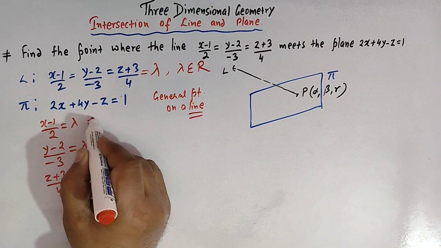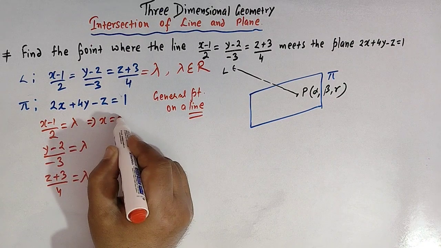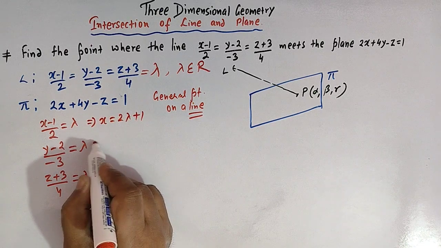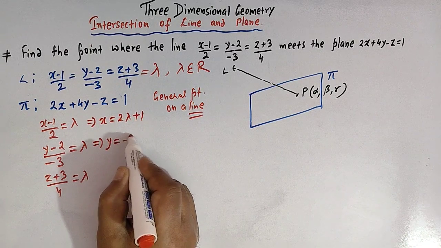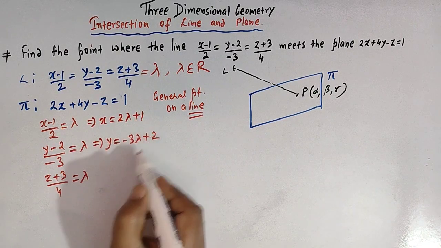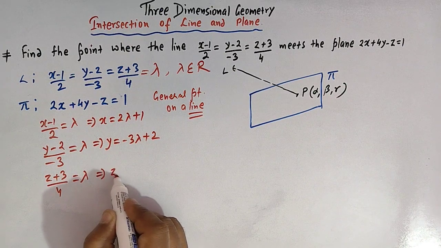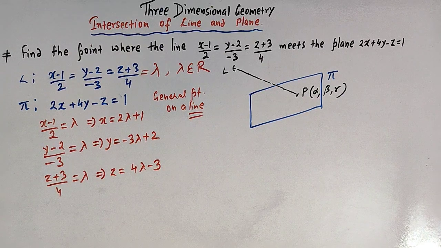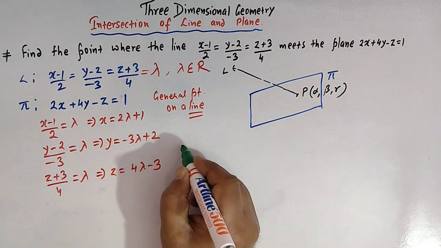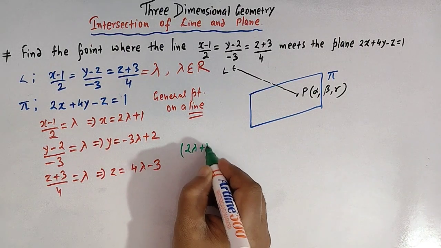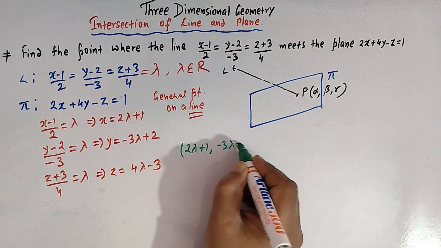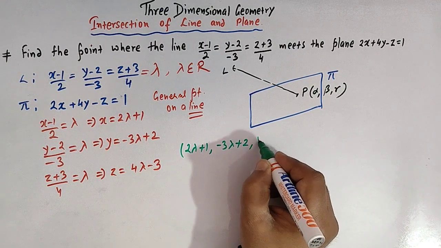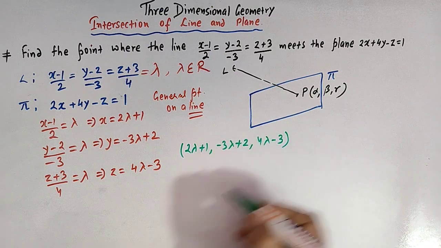From here x is equal to 2 lambda plus 1, y is equal to minus 3 lambda plus 2, and z is equal to 4 lambda minus 3. So we have got the values of x, y, z as 2 lambda plus 1, minus 3 lambda plus 2, and 4 lambda minus 3.